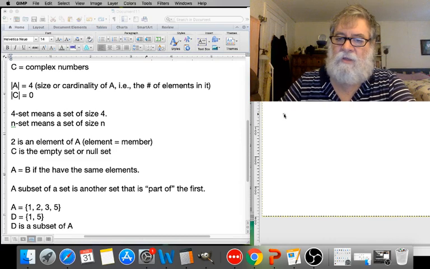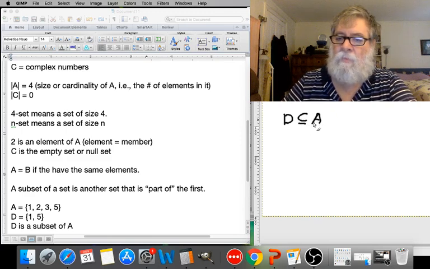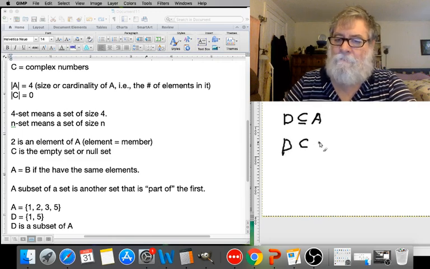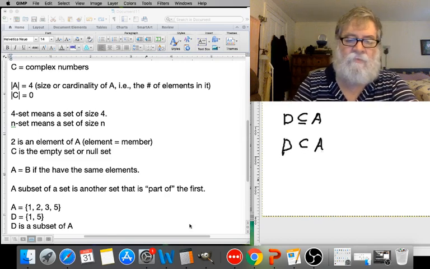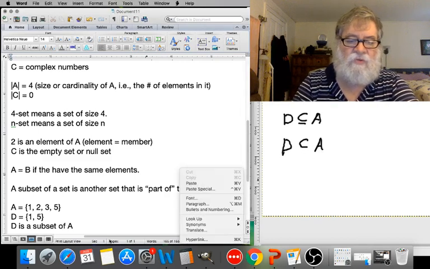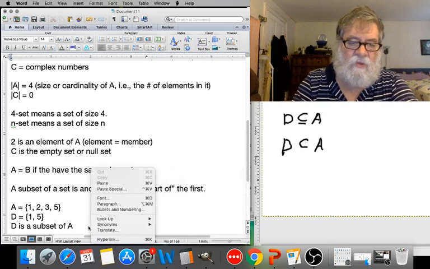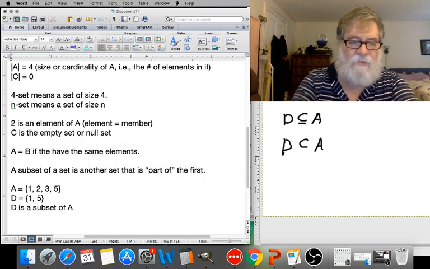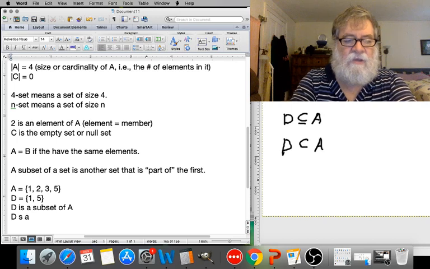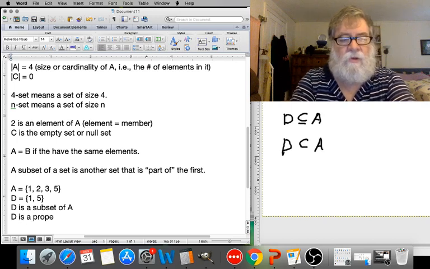Properly, it's written like this: D is a subset of A. But you could also say D is a proper subset of A. So both those things are true. D is a proper subset of A.